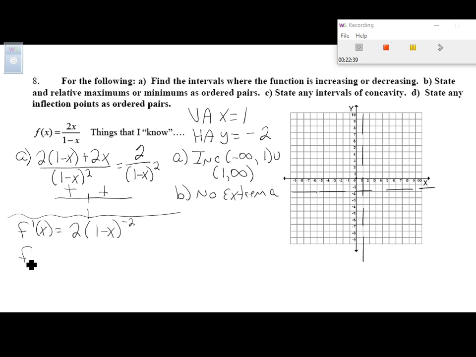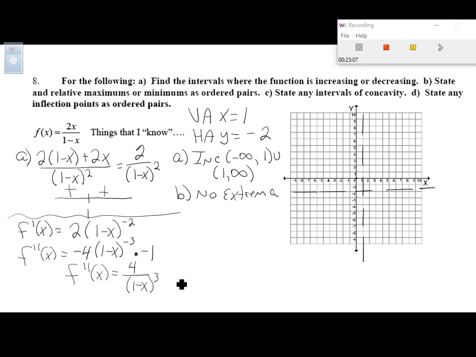So my second derivative looks like it's going to be -4, 1 minus x to the -3rd times -1, the derivative of whatever's inside the parentheses. So my second derivative becomes +4 over 1 minus x cubed.